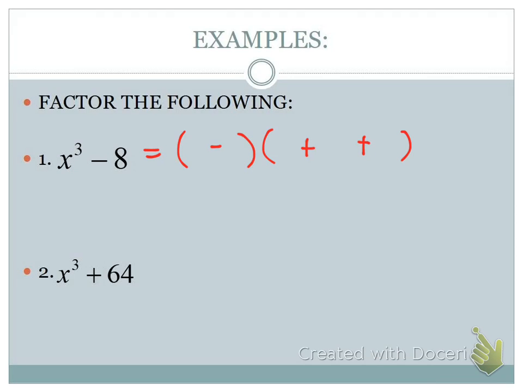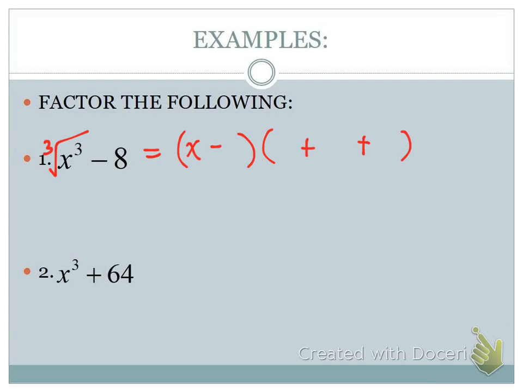Just x, right? If you take x times x times x, that's what gets you x cubed. So the cube root of x cubed is x. If you want to put a little cube root symbol in front of it, you can. It looks like a square root symbol with a 3 in the index, the appropriate term for it.